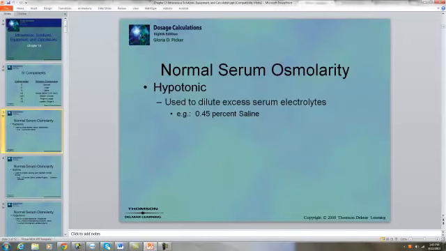Normal serum osmolarity, I suppose, is how it's pronounced. Hypotonic is used to dilute excess serum electrolytes, such as 4.5% saline.